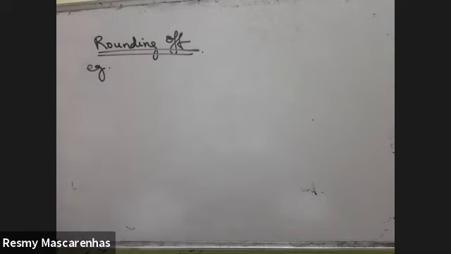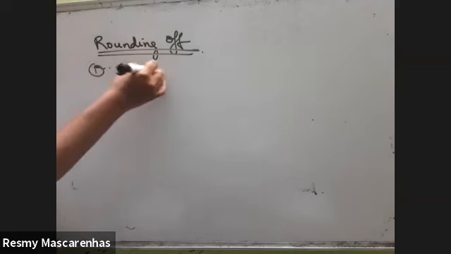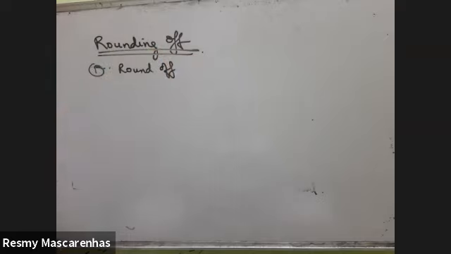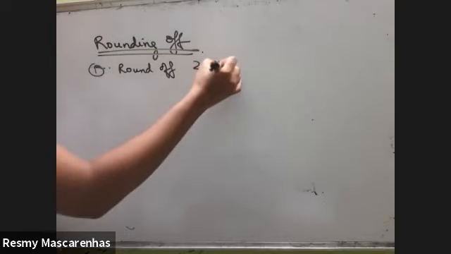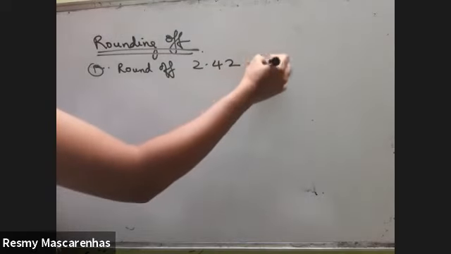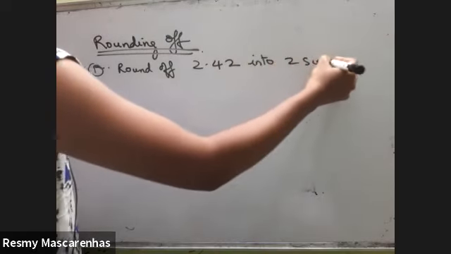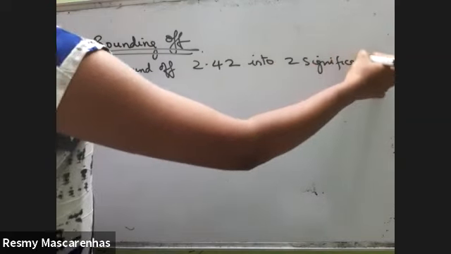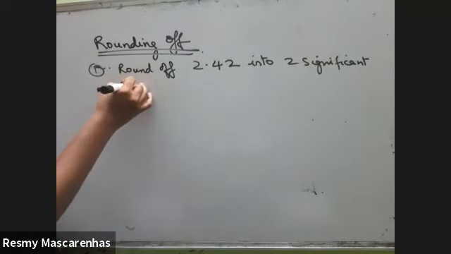So suppose the first question is: round off 2.42 to 2 significant numbers.